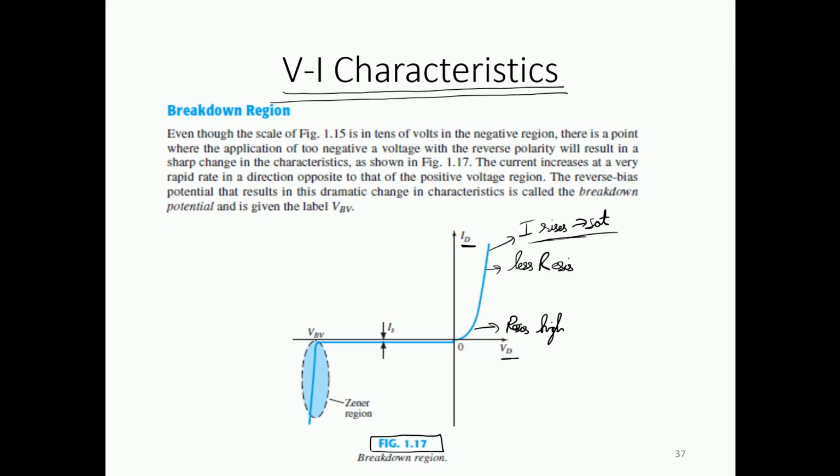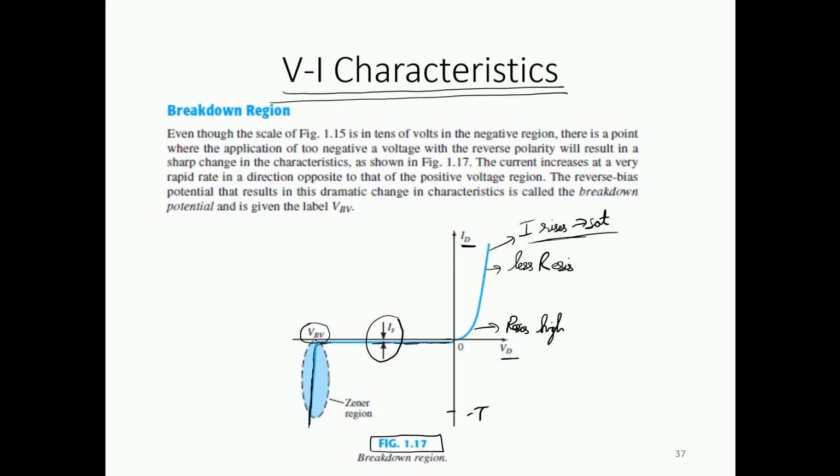Okay, and what happens if there is no voltage? We can see that a small amount of current exists over here. It is not 0. Ideally it should be 0, but in reality a small amount of current exists, and this is known as the reverse saturation or IS current. Eventually if we keep on increasing the reverse voltage, we will reach the breakdown voltage, which gives a sudden, sharp value of current in the negative direction.